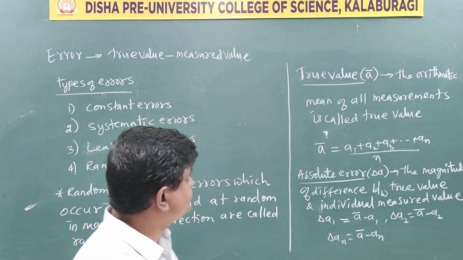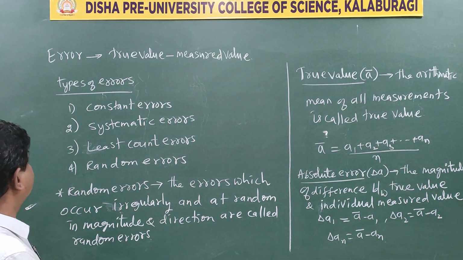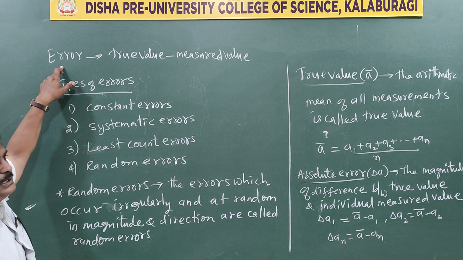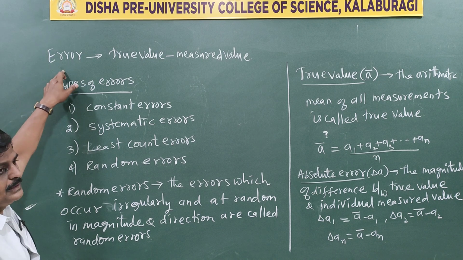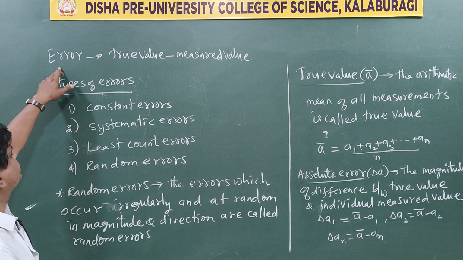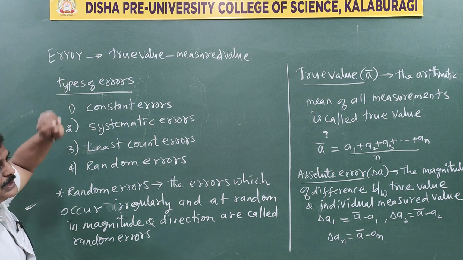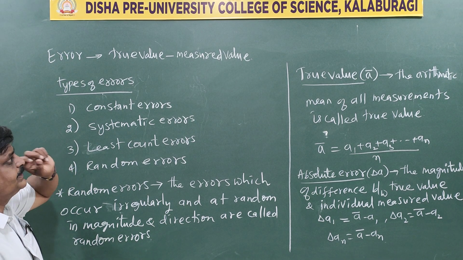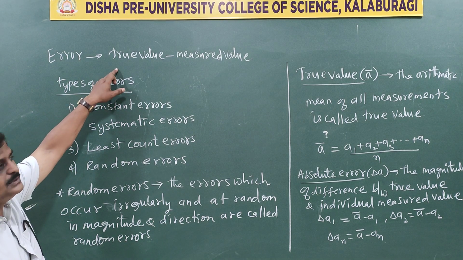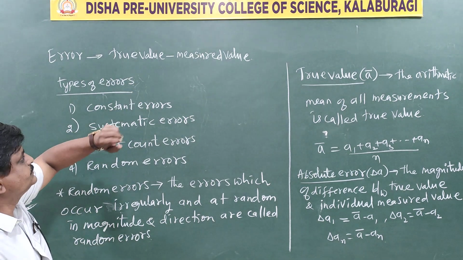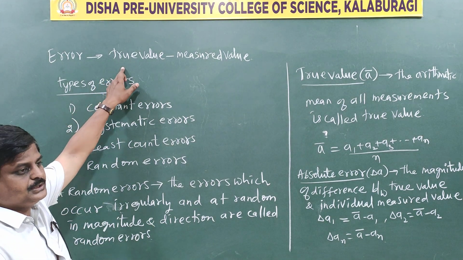Okay, so we continue. Another term we often use in the laboratory is error. What is error? It is the difference between the true value and the measured value. What is the true value?